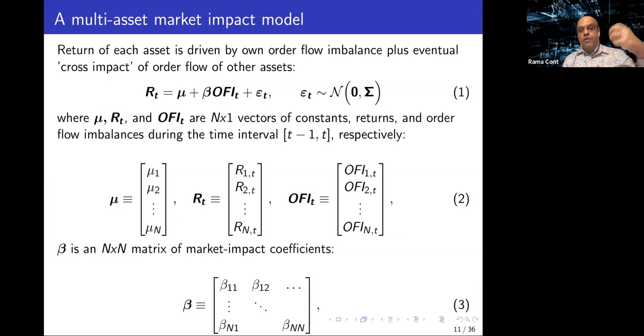So that's the inflow to the bid queue. And then the same thing for the ask queue: all the sell orders that come in, minus all the sell orders that get canceled or executed. Then I take the bid inflow, the increase in buy orders, minus the increase in sell orders. That defines the order flow imbalance. You can think of it as net buy minus sell volume. But we're going to define it more precisely in a few slides.